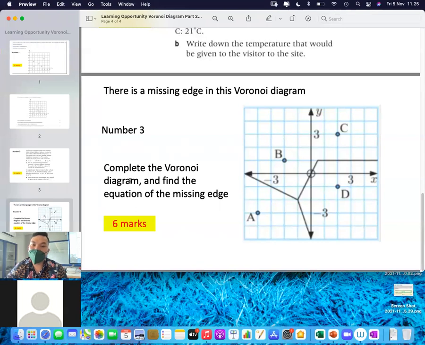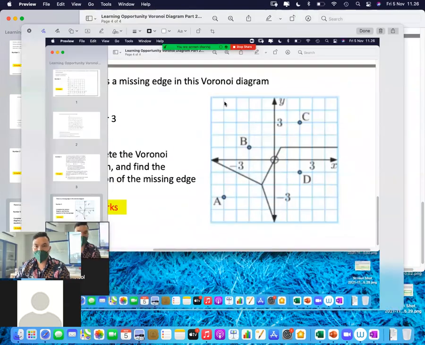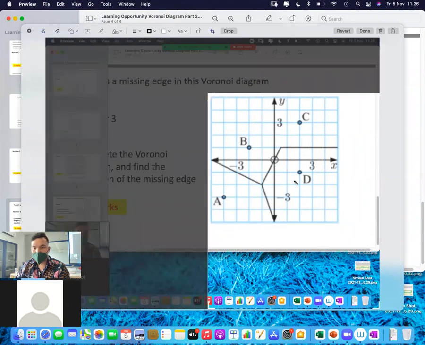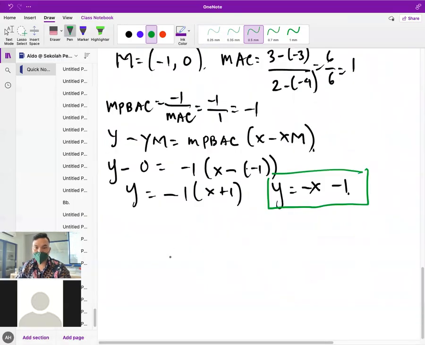But since the question is only asking to complete the Voronoi diagram and find the equation of the missing edge, if it is complete, this is A, this is B. So, okay, now I make it bigger, and then again do simple cropping, and then go here.